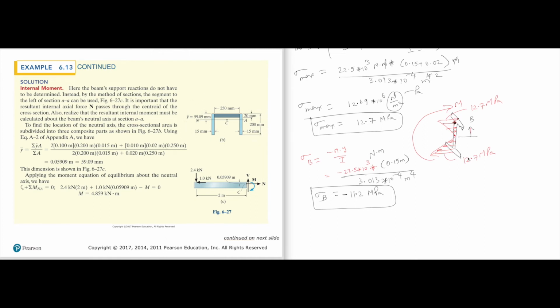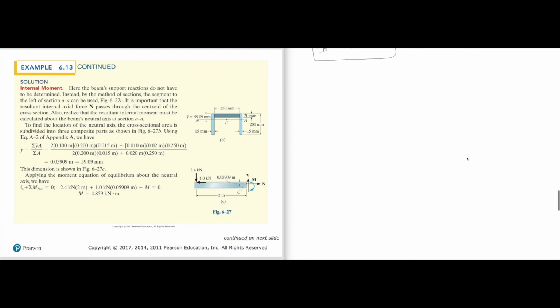I'm going to draw the cross section. I think that's the easiest way to do it. So the cross section looks like this.